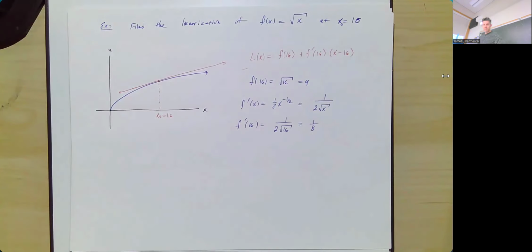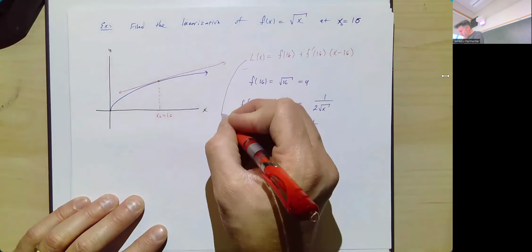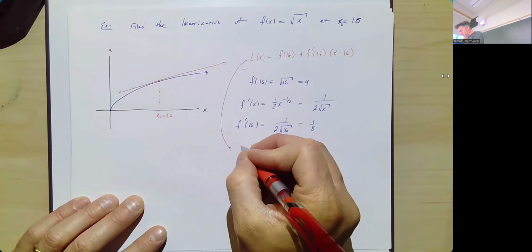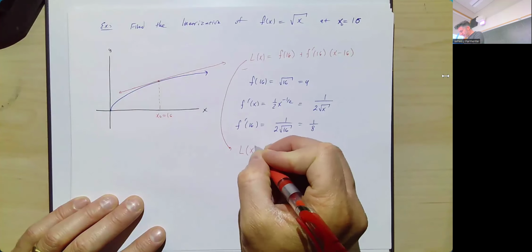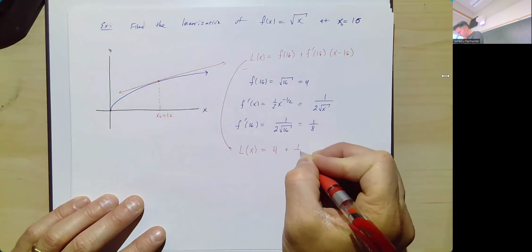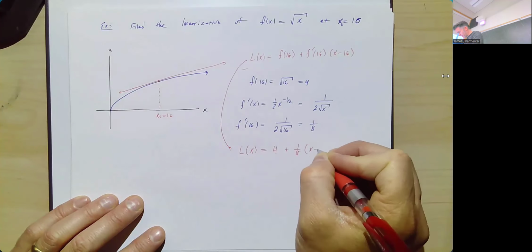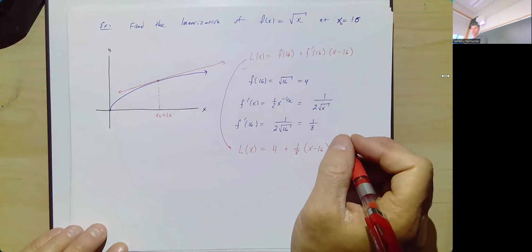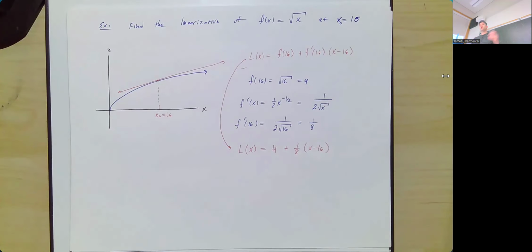So then we can write the linearization, aka the equation of our tangent line, as L of x equal to 4 plus 1/8 times x minus 16. And I will point out, it is usually in our interest to leave it this way.